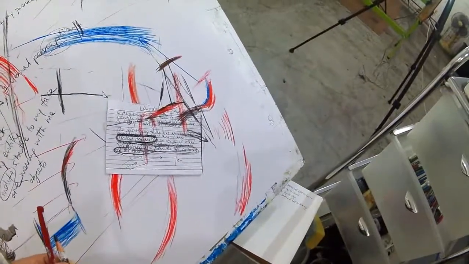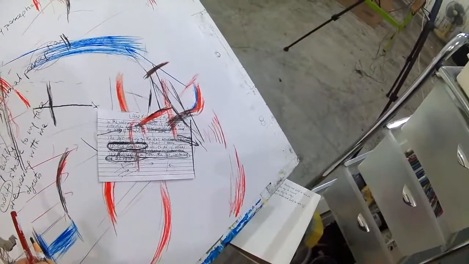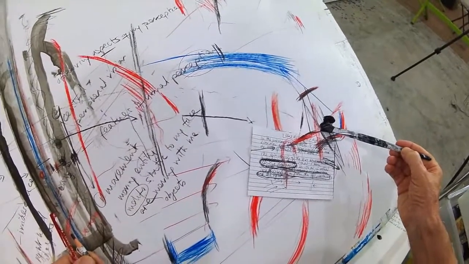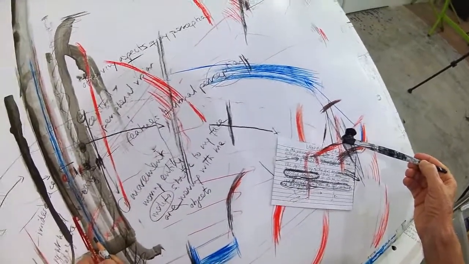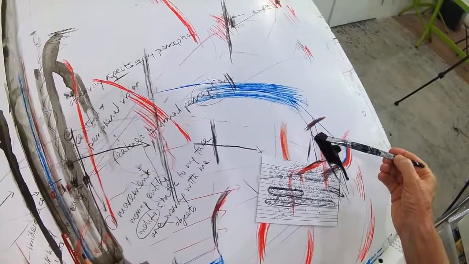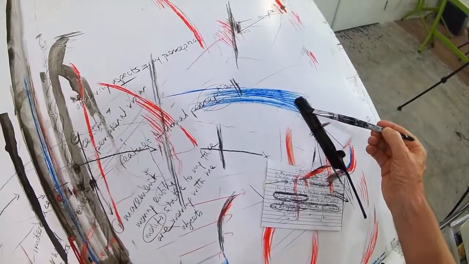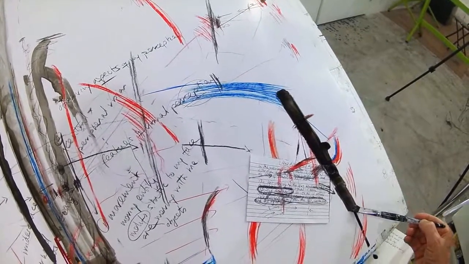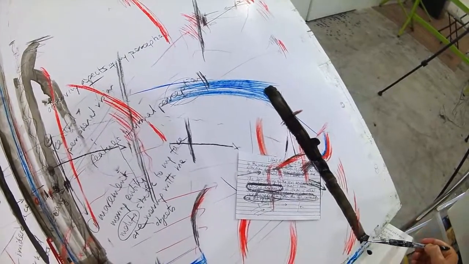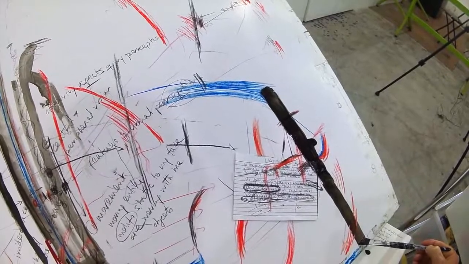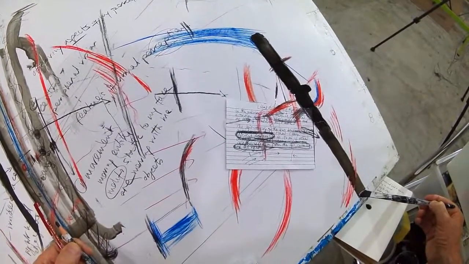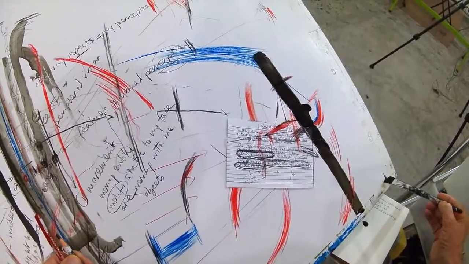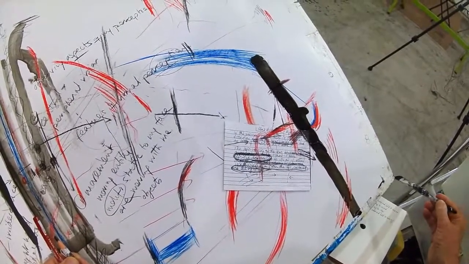So this whole section here is the darker tone of the floor coming down here. Coming down here. Edge of the drawing board. Here.